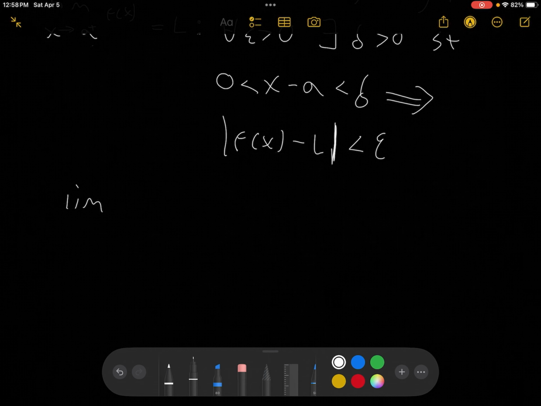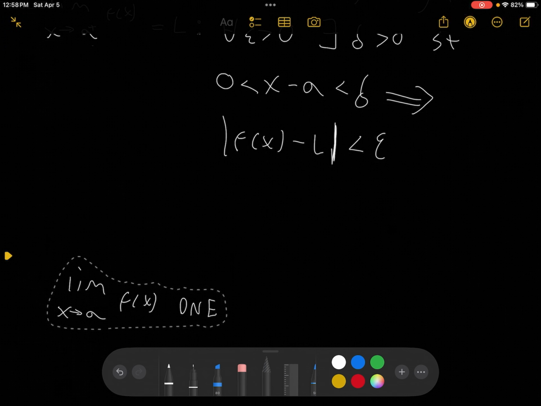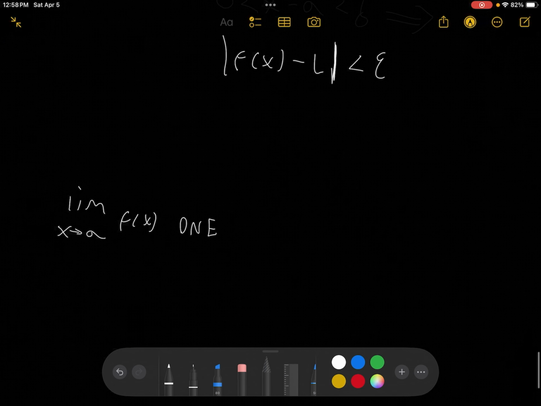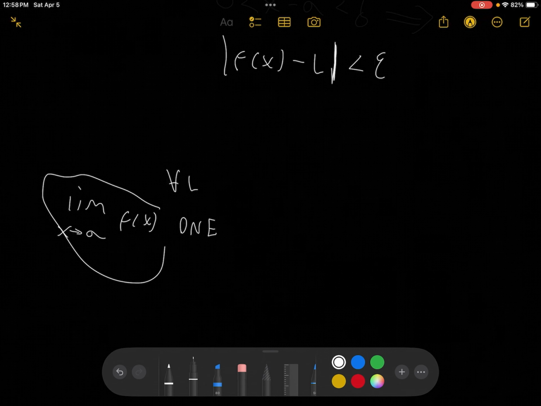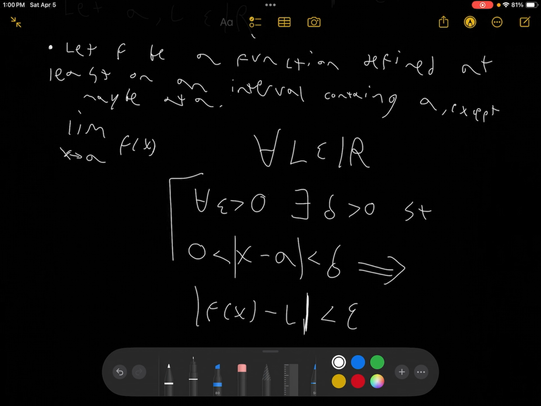So when we say that the limit as x approaches a of f of x does not exist, what we mean is that for every L, this limit is not equal to L. So the way this definition is going to work is we want to say for every real number L, this statement is not true. So we need to negate this statement here.